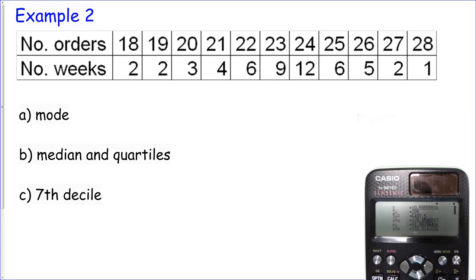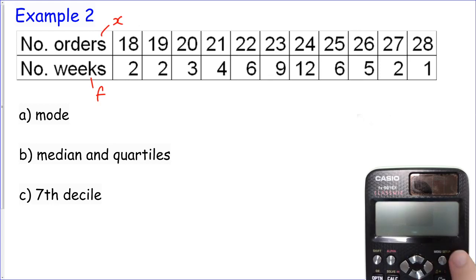This here, again, it's raw data. It's not grouped data, even though it's written in a table. So going through, first thing we need to do, this is our X, this is our F, is work out the total number of weeks.